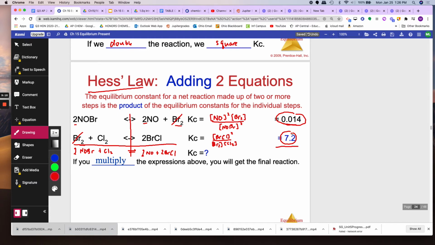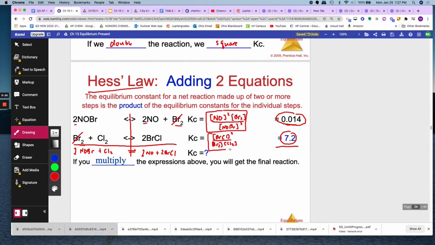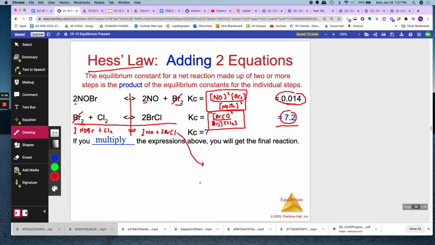Okay, so the way we know what to do with those 2 numbers is to look at these 2 reactions, see what we need to do to these 2 to end up with whatever this is. So let me go ahead and write the equilibrium expression for this.